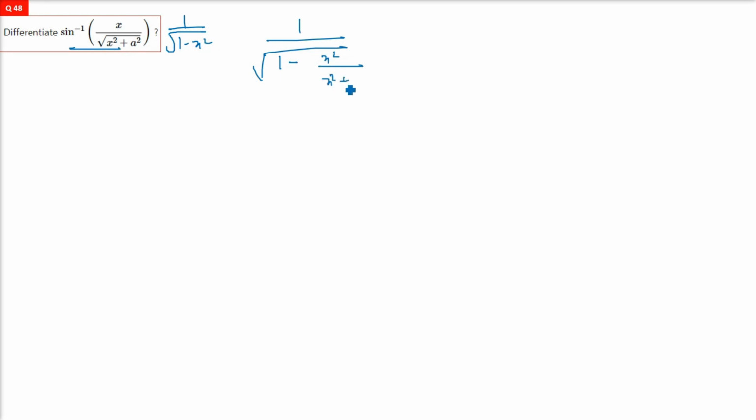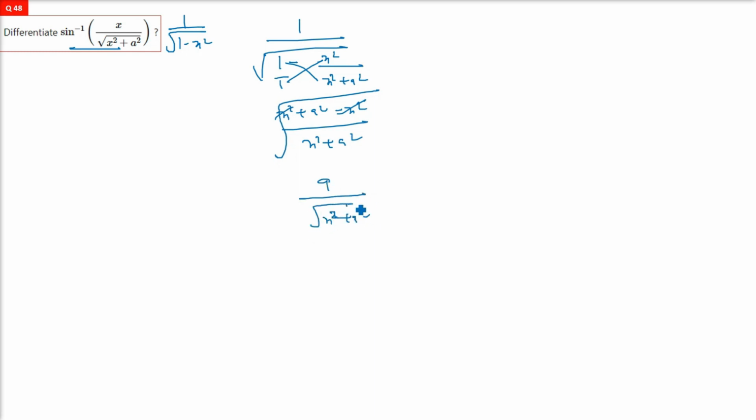Now I am doing the denominator, which is inside the under root. So x square plus a square minus x square, divided by x square plus a square. The x square gets cancelled, and you get a square by x square plus a square. Now when you take the root, this a by under root x square plus a square will go up, because it is a reciprocal, 1 by something.